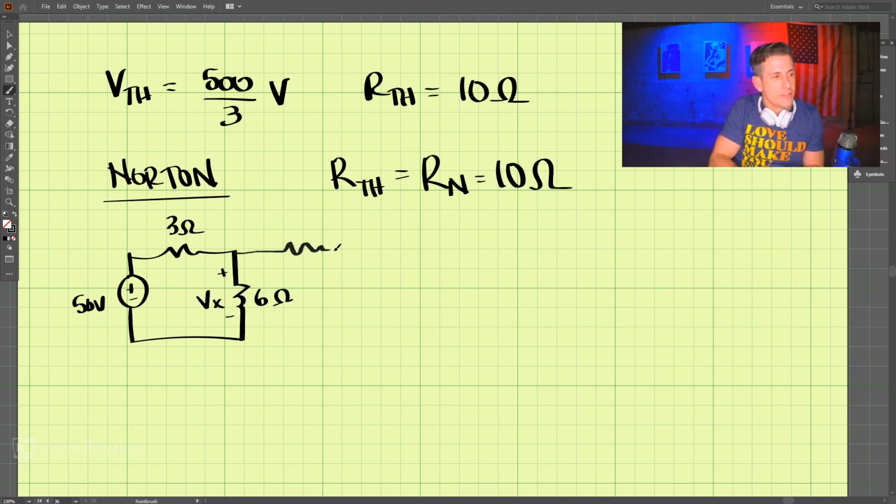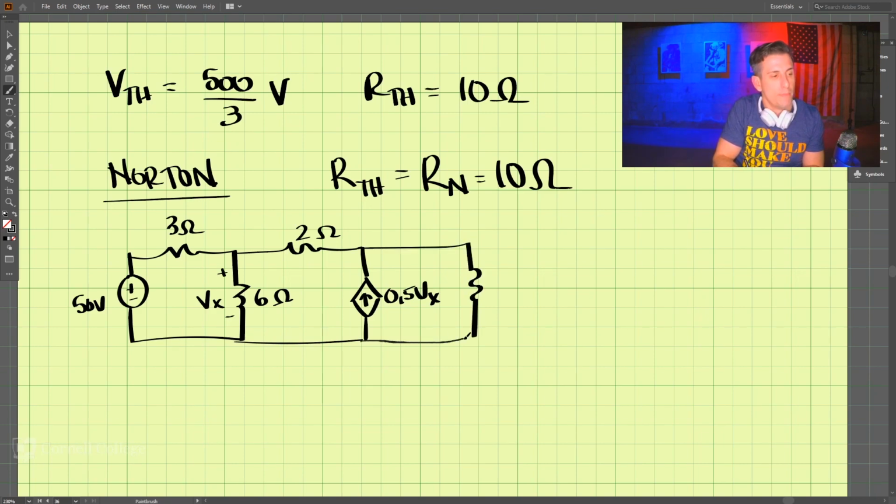And then this is 2 ohms. And then we have a dependent current source, which is 0.5 Vx. And lastly, we have this 10 ohm resistor, and we have our terminals.